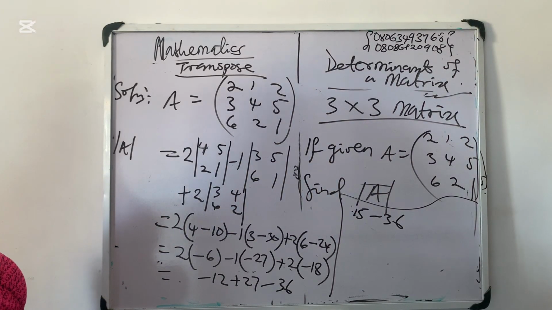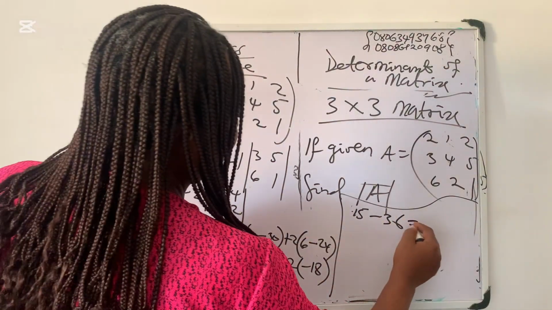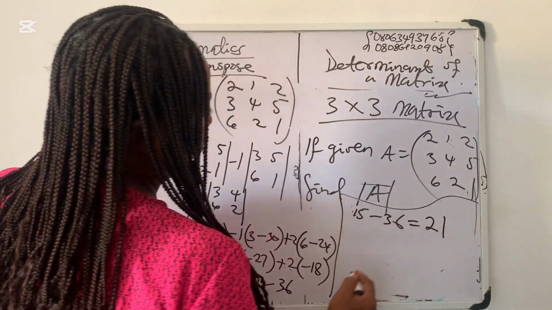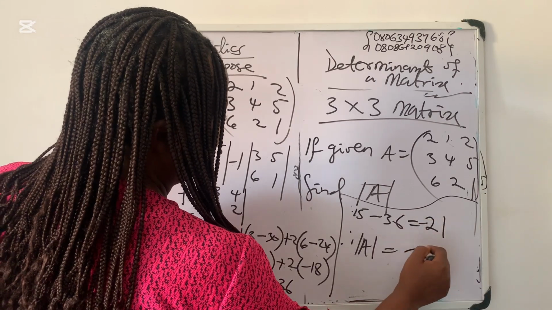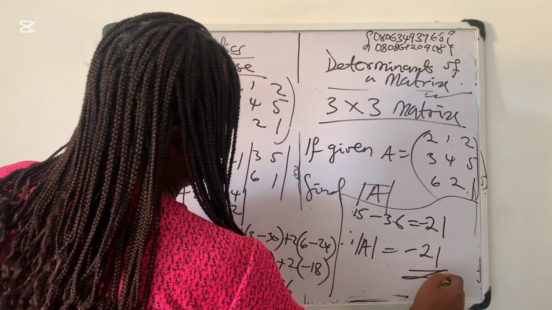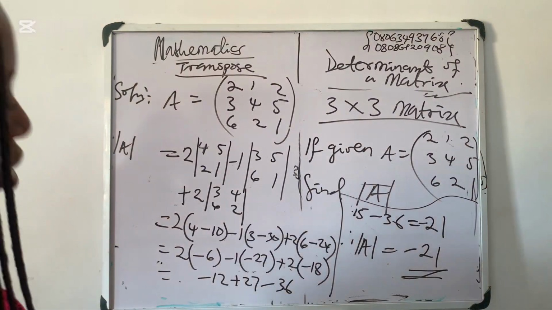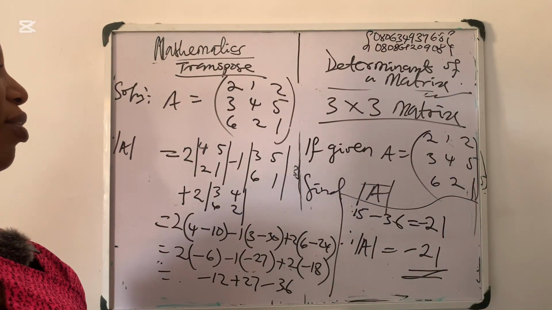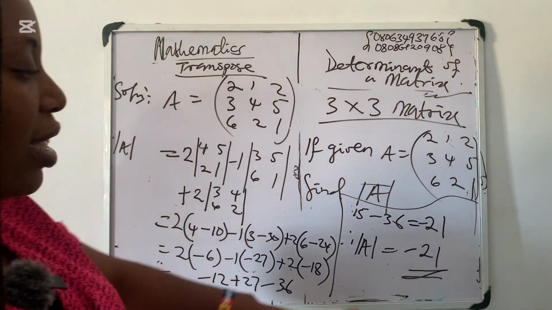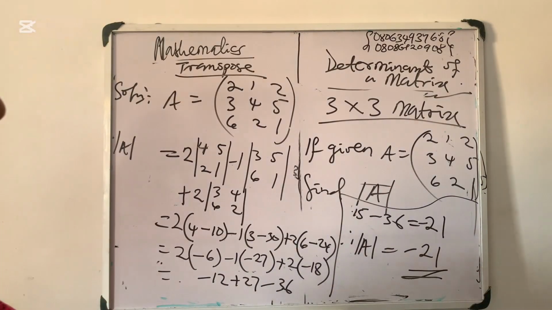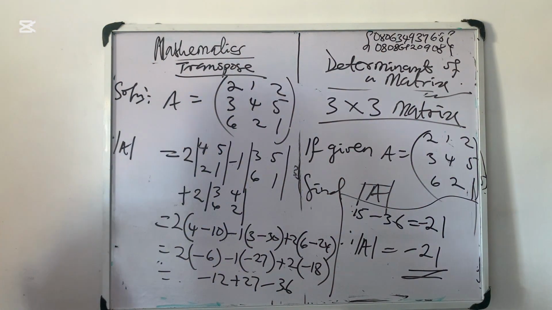So 15 minus 36 will give us minus 21. Therefore, the determinant equals minus 21, because we are subtracting a bigger number from a smaller one, so the answer is in minus form. So 15 minus 36 will give us minus 21.